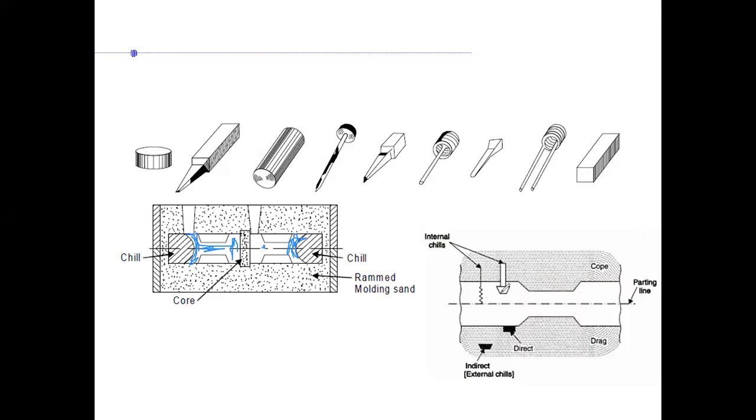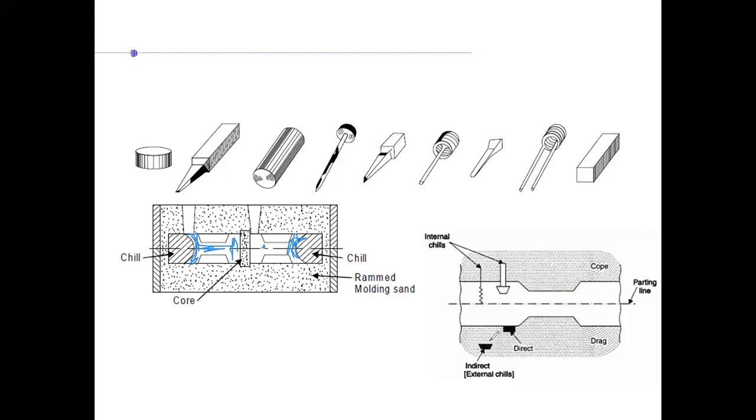You have internal chills also, right? If those internal features are not at the surface of the mold but inside, then you have to provide these kinds of chills also. Direct and indirect also, right? Direct in contact has more influence.